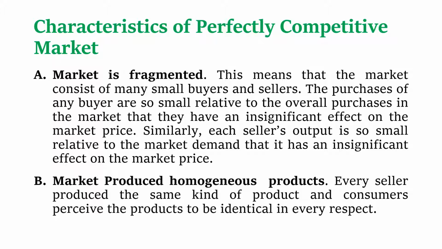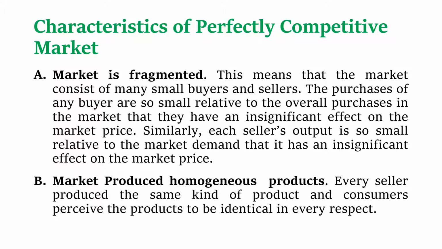Whenever the buyer wants to make a purchase decision, they have to take the price in the market as given. Likewise, the seller is also a price taker because whenever he wants to make output decisions, he takes the price in the market as given. So it does not set the price, but it takes price as given to sell its products.